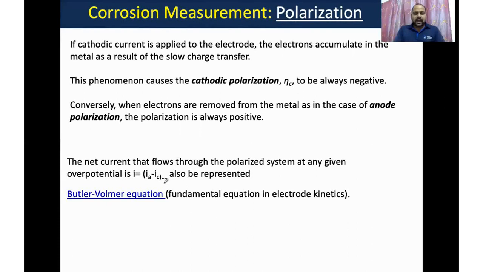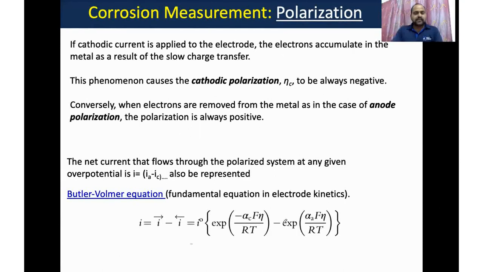This is well described by the Butler-Volmer equation, the fundamental equation in electrokinetics. The equation is I equals I anodic minus I cathodic, the difference being in direction.